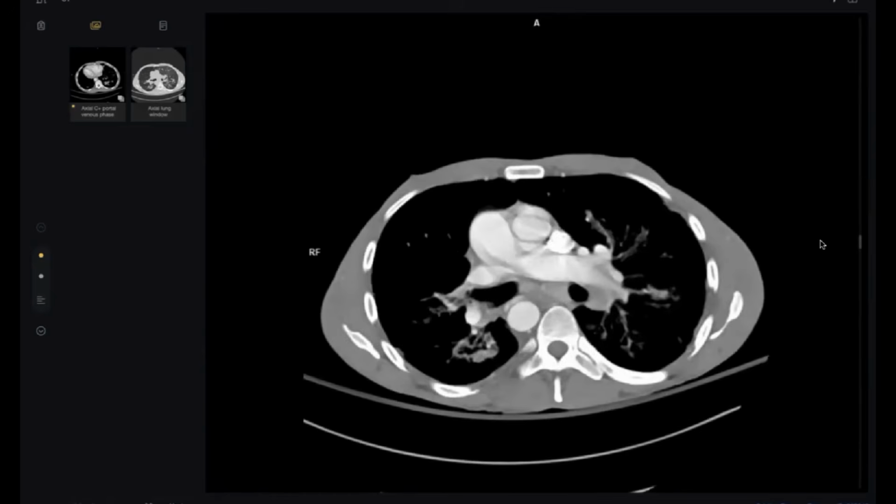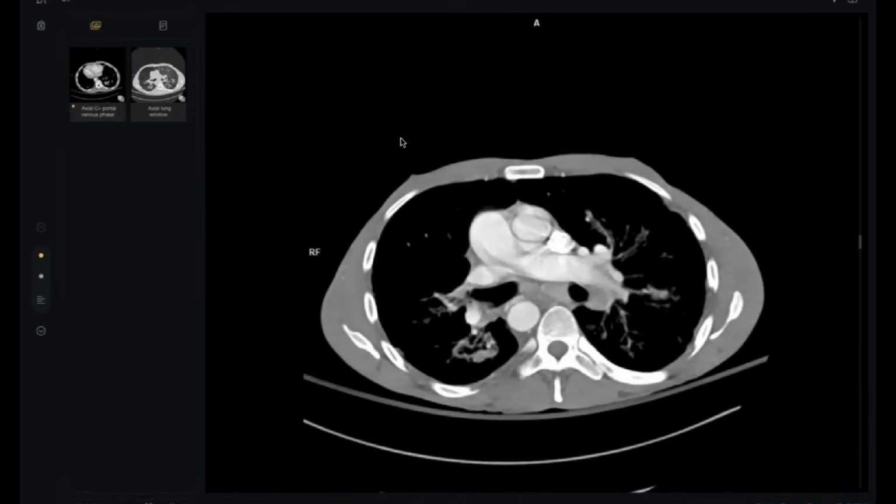Look here and tell me. I can see that there is a blush or maybe aneurysmal dilatation of the subsegmental right-sided pulmonary artery.